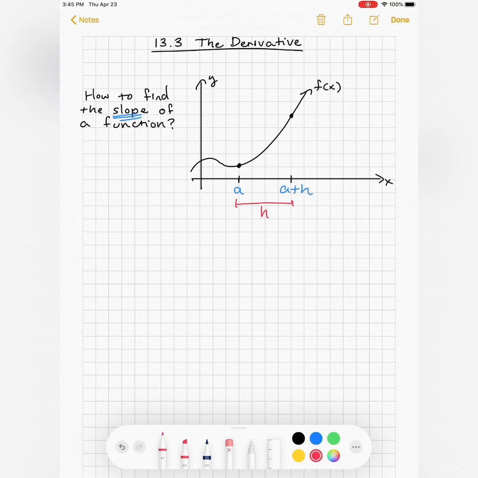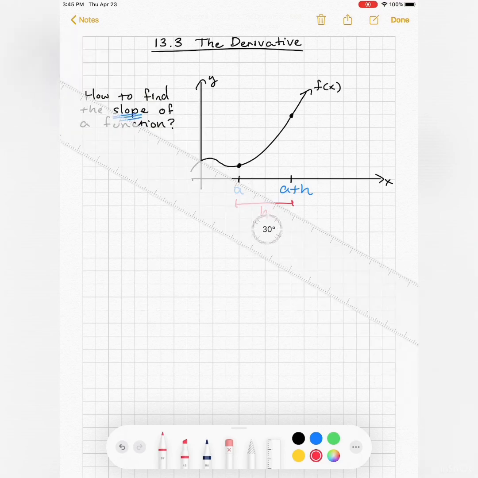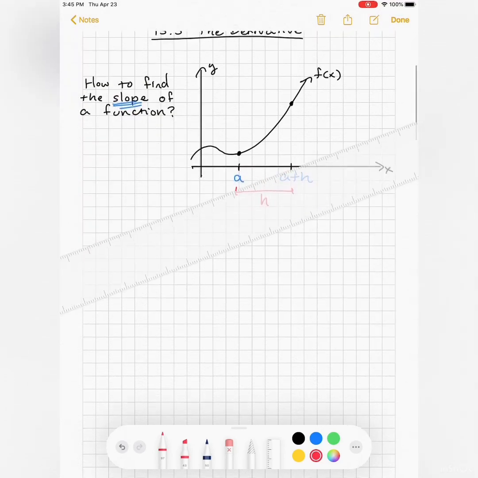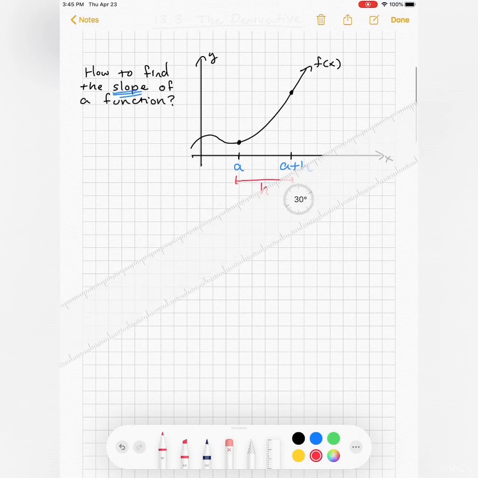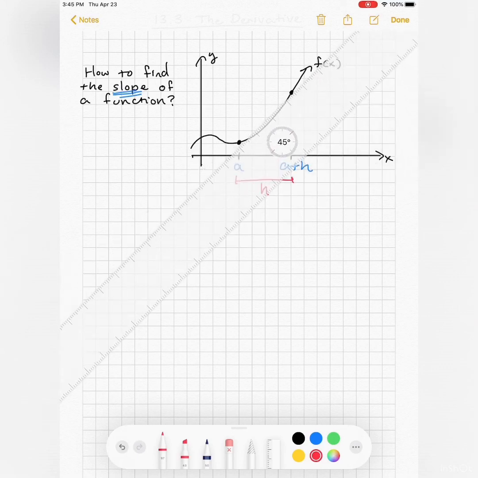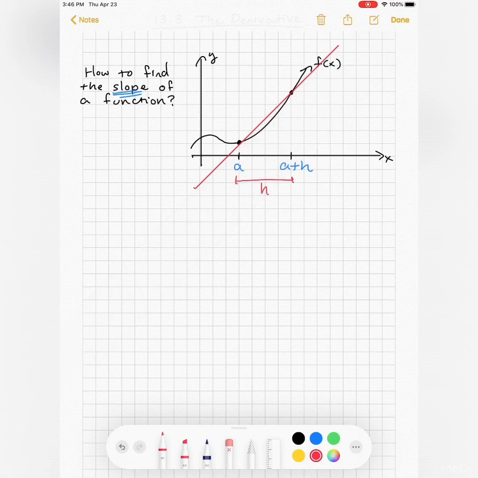And then let me connect those 2 points with a line. Okay, so roughly, that line looks something like that. Okay, so by the way, that line is called a secant line.